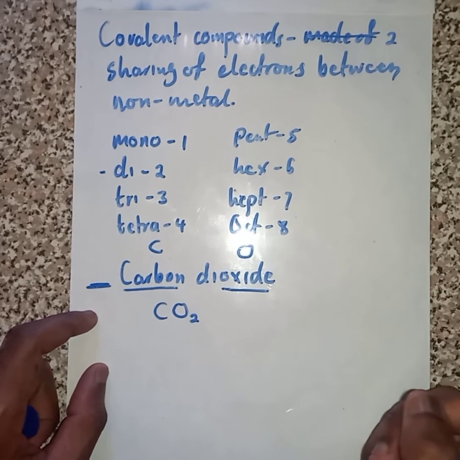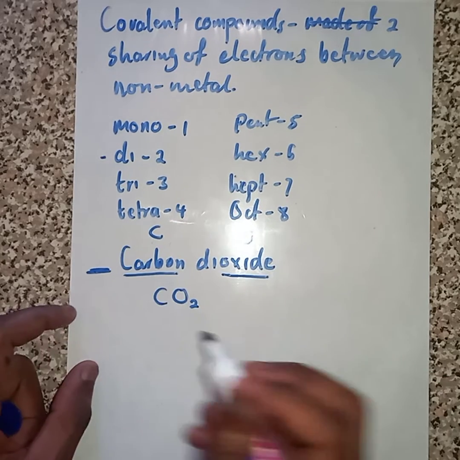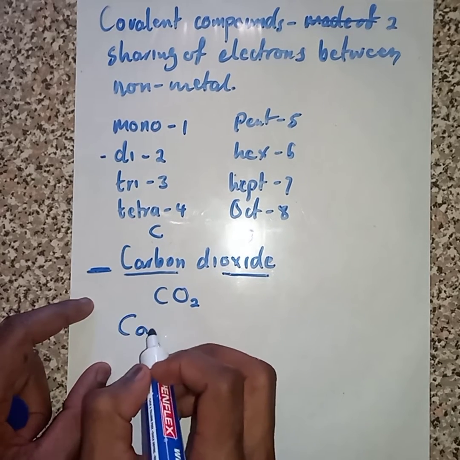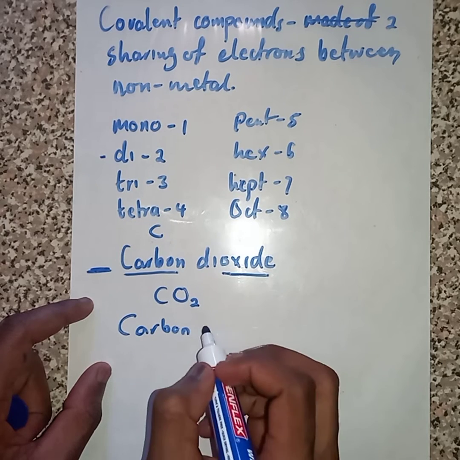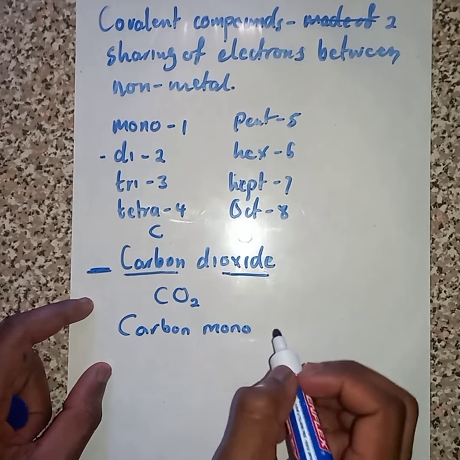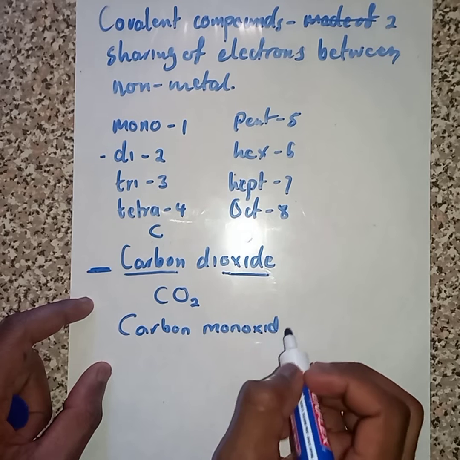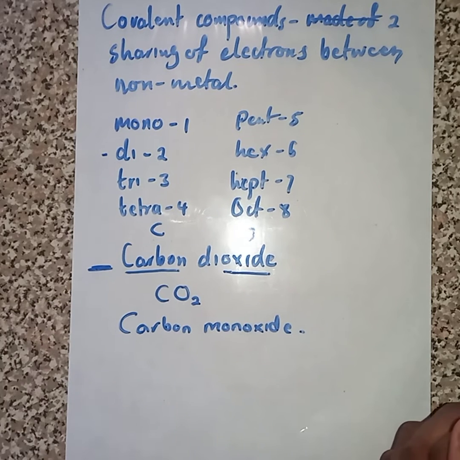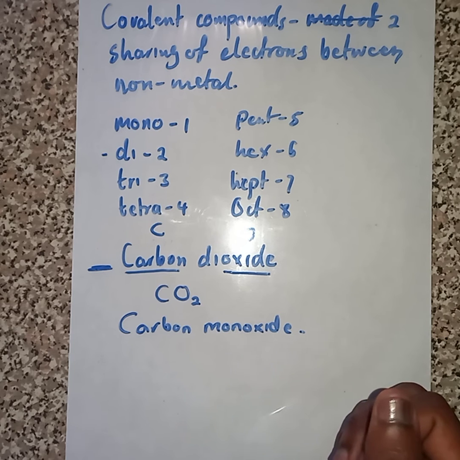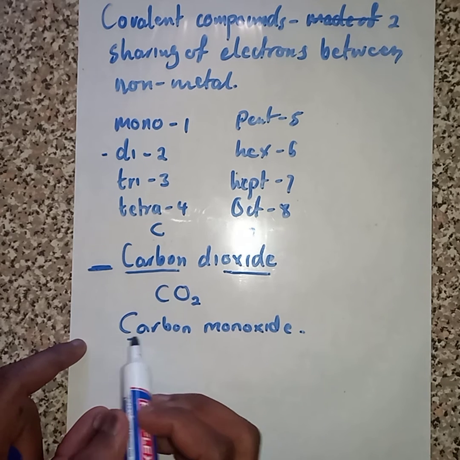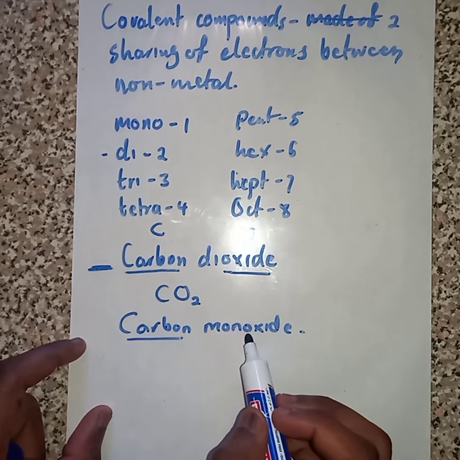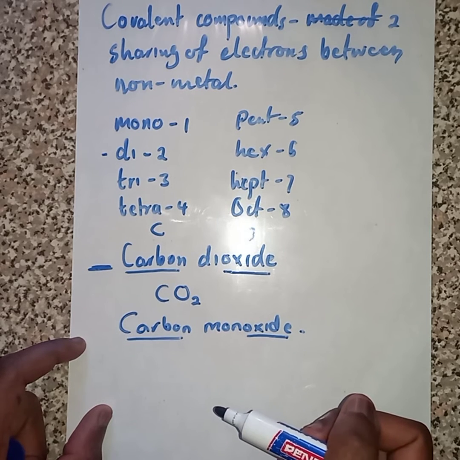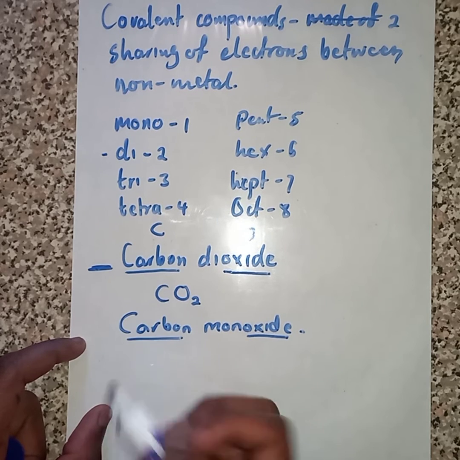Two. Then suppose now I give you carbon monoxide. How are you going to write the chemical formula for this one? I have C, I have O. How many C do I have?